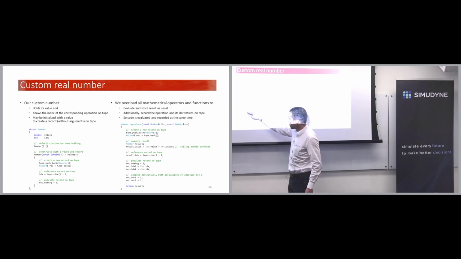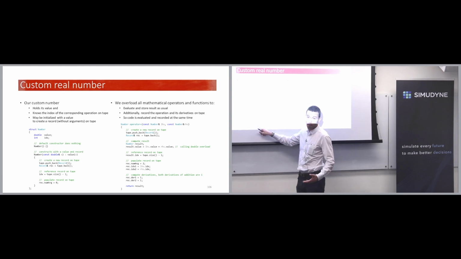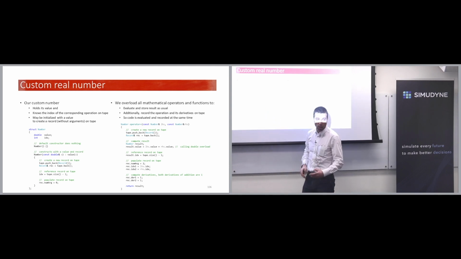So if we initialize it with a value, we set its value to the value, obviously. We add a new record to the tape, right? And here I just take a reference to the newly created record so that I can fill it. I just say that its number of arguments is 0, because this is initialized from a number. This is not the result of a calculation, so it doesn't have any arguments.